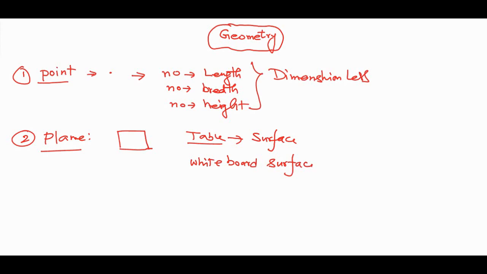The third one is line. First line, then line segment. Line: the sum of an infinite number of points makes a line.